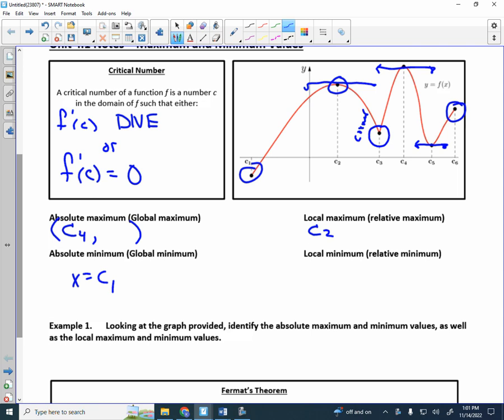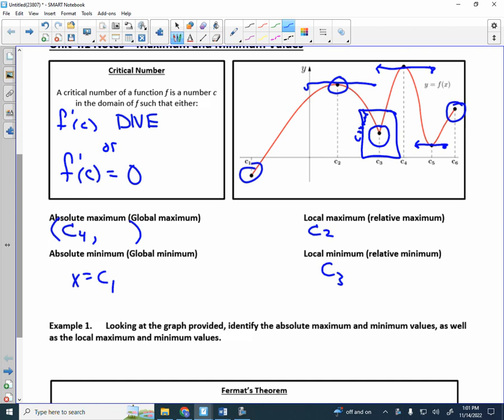And then we would say C sub 3 is a local minimum. Oh, so it's relative to all around? Yeah, right around it. Within its immediate space right around there, you can see it's the smallest value. We're gonna put all the locals down.